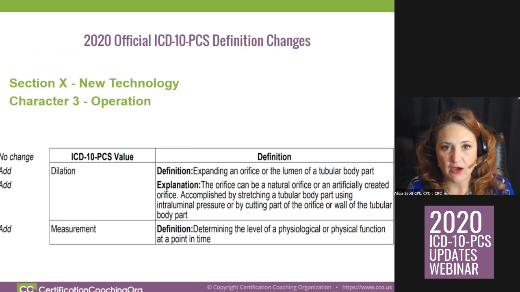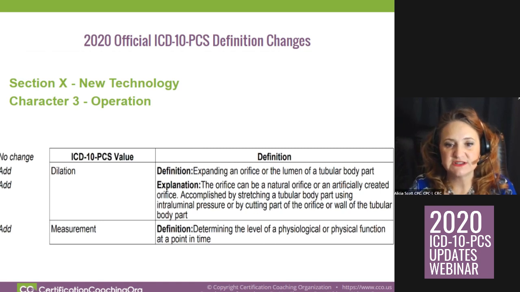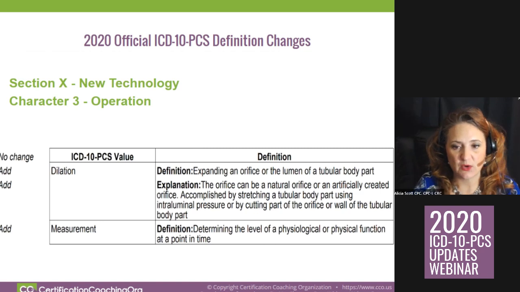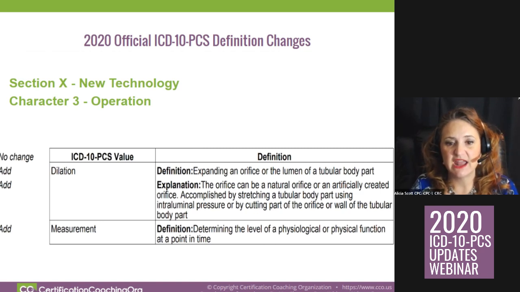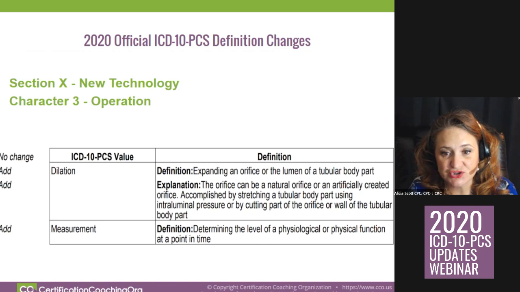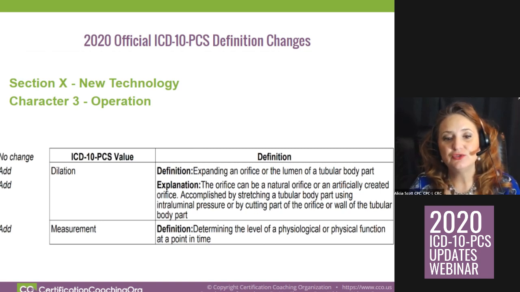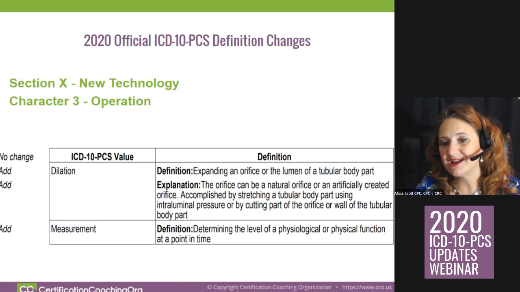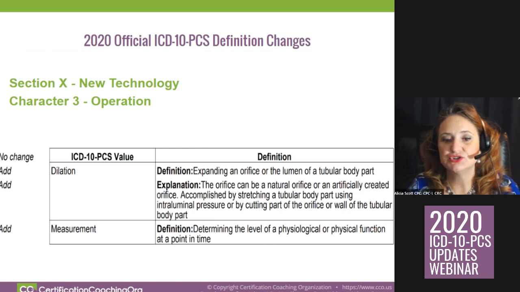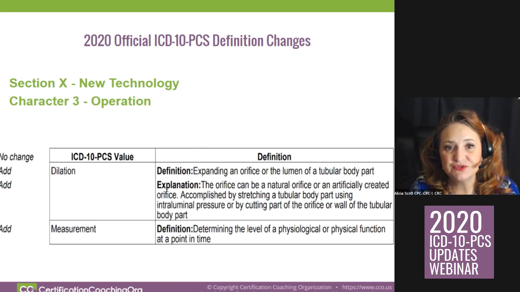So now we know if you have an orifice, it can be a natural orifice or an artificially created orifice, and it's accomplished by stretching a tubular body part using intraluminal pressure, or by cutting part of the orifice or wall of the tubular body part, because there was confusion there, right? No, we're stretching it, but oh no, you cut it. Well, that's how they stretch it.